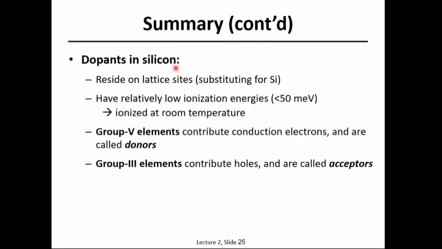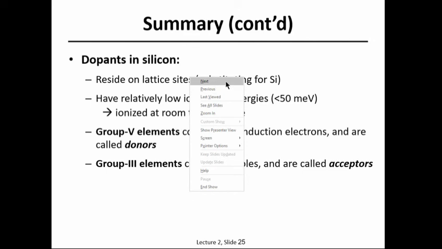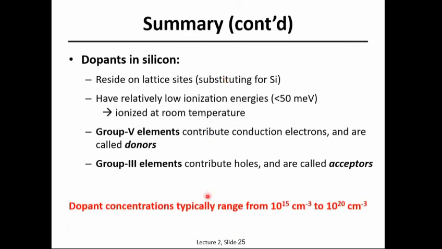If we doped, then we say that we have ionized at room temperature, and the group 5 elements we call donors. The group 3 elements we call acceptors. And the doping concentration, we said, is typically around 10 to the 15 per cubic centimeter to 10 to the 20 per cubic centimeter.